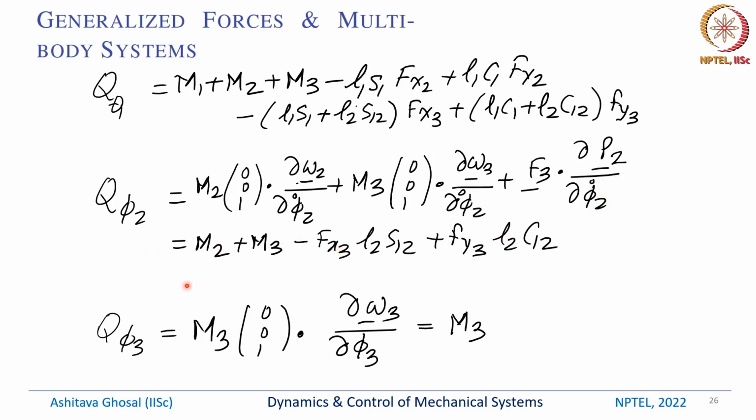So we will get terms which are M2 plus M3 minus Fx3 L2 S12 plus Fy3 L2 C12. Similarly, Q of phi 3 will now contain only M3. There is no other force acting which will affect this generalized force.